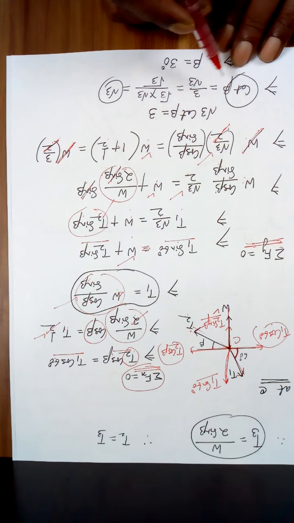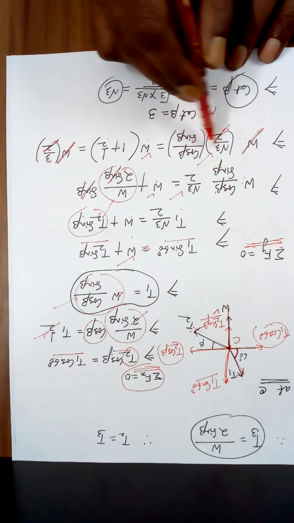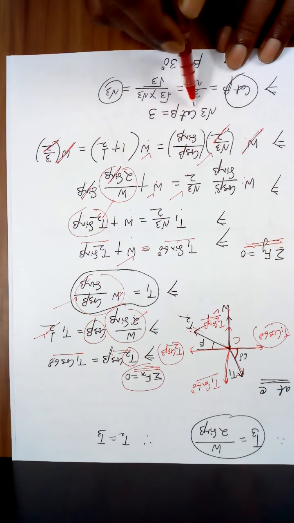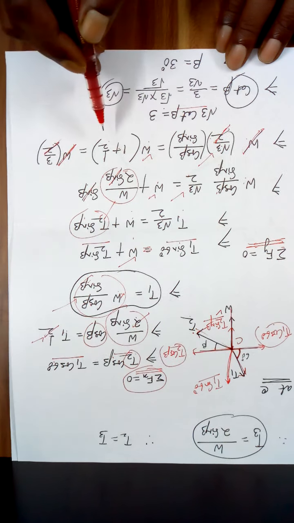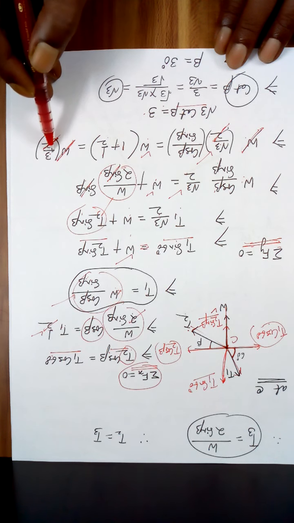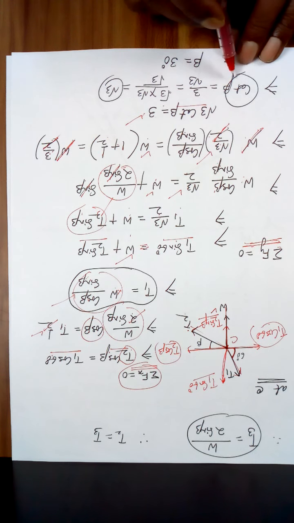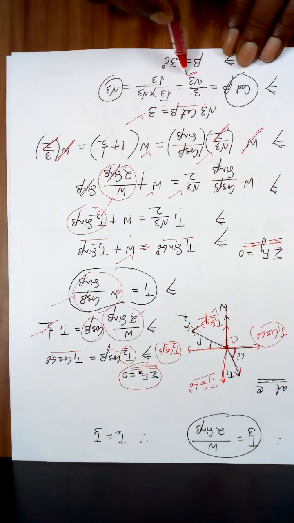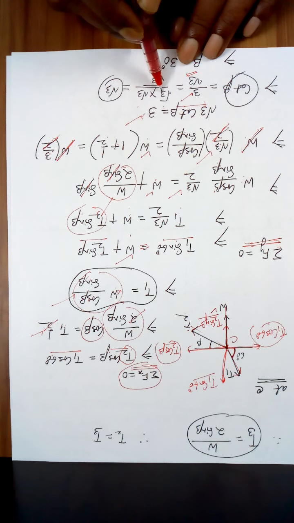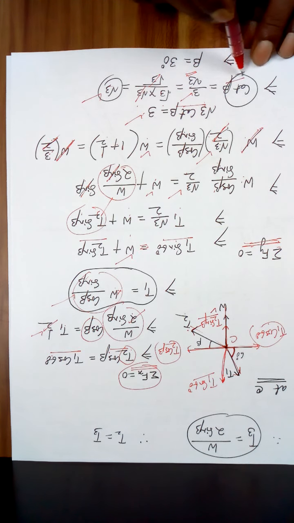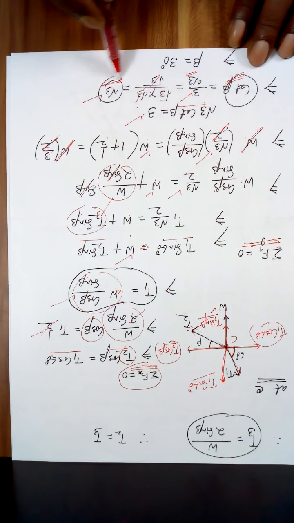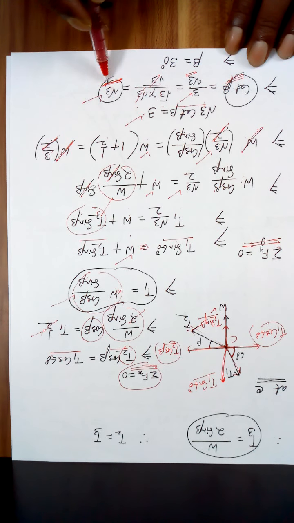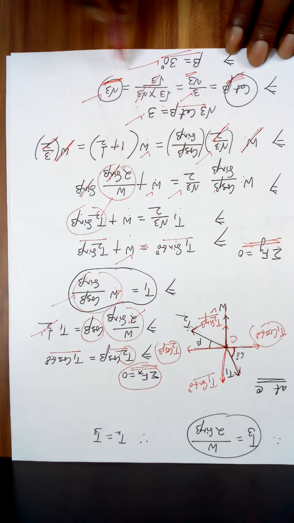So on the left side I am left with root 3 cos beta over sin beta, that is cot beta, is equal to 3. So cot beta is equal to 3 over root 3. I split this 3 as root 3 into root 3, root 3 cancels, so root 3. So in cotangent table, where do we come across the value root 3? At 30 degree. Therefore beta is equal to 30 degree.